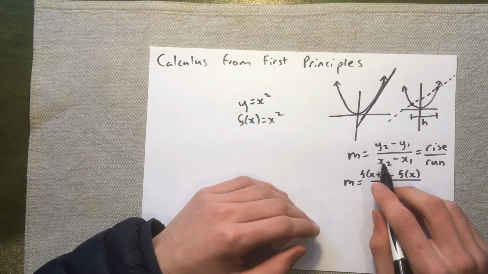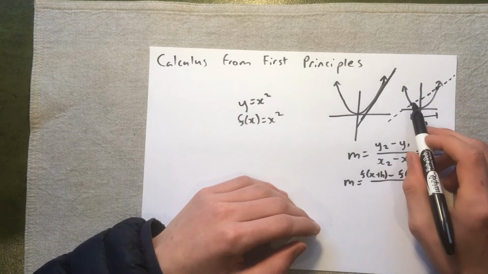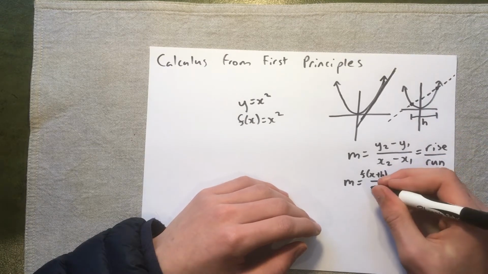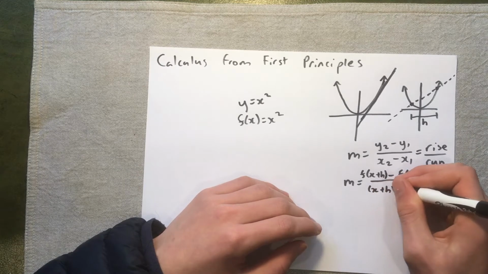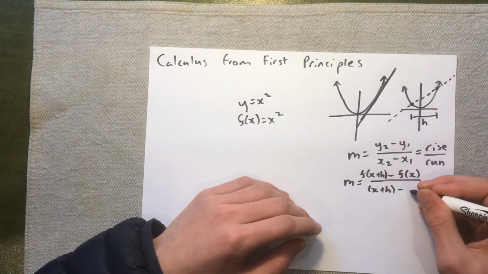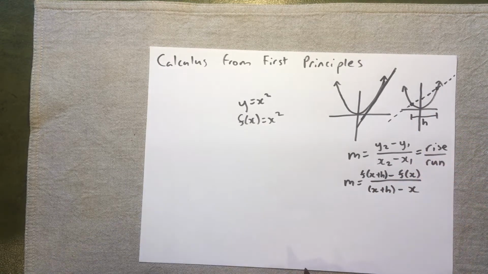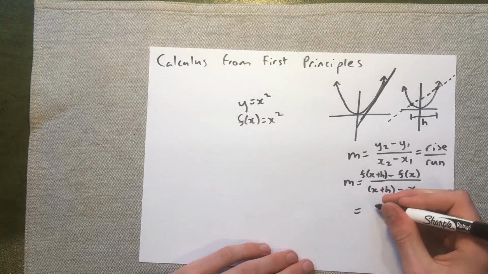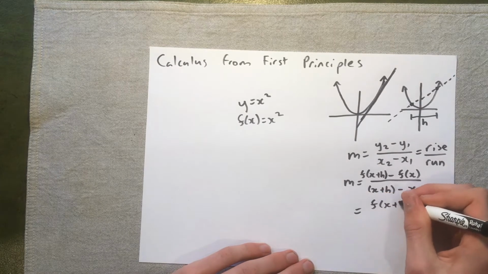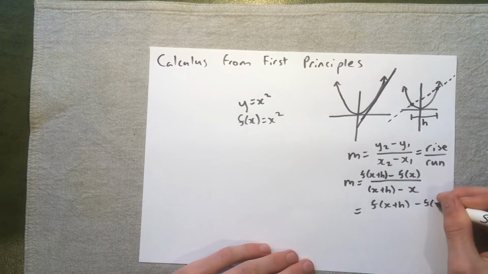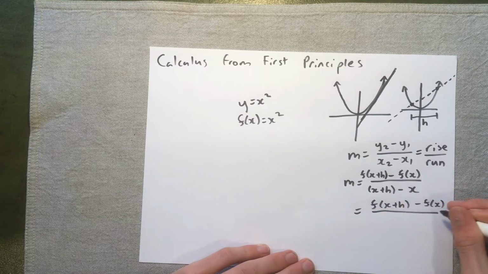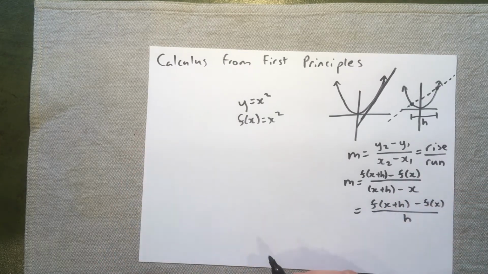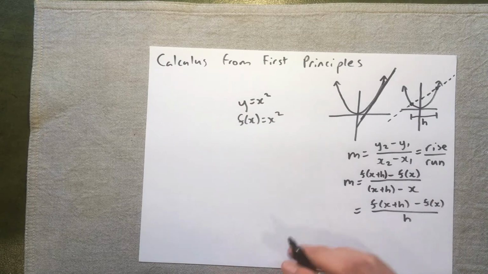Now our x2 point is going to be x1 plus h, so we're going to have x plus h, and then we're going to subtract just our original x coordinate. And this really is what first principles is based off. So we can just write this as f of x plus h minus f of x, divided by h, and that is the basics of first principles.